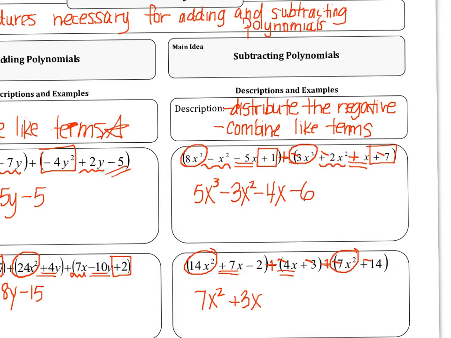And then I've got a minus 2 and a minus 3 and a minus 14. So negative 2 plus negative 3 plus negative 14 is negative 19. So that is my simplified form, and that's how we add and subtract polynomials. Let's flip it over. We've got one more frame to look at here.